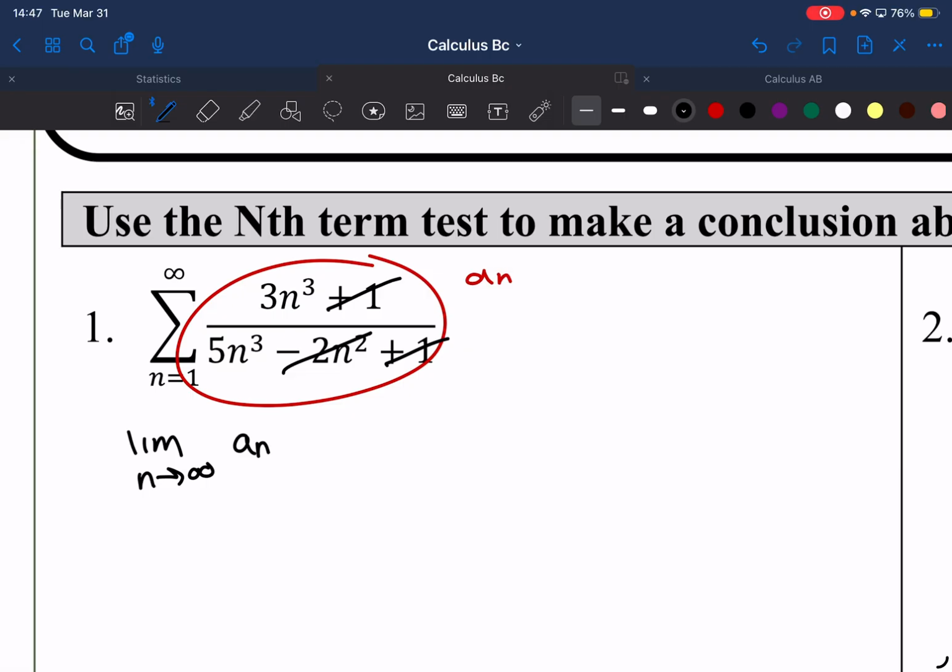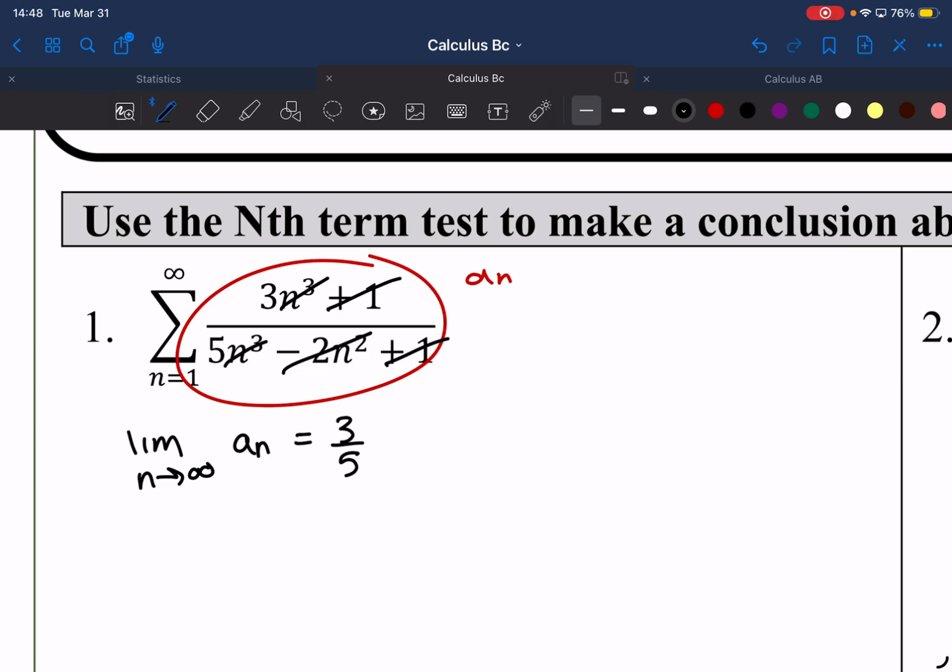Both of them are n cubed, so as they go to infinity, I can just cancel them out, which means the limit is equal to 3 over 5. This goes back to when we learned about the properties of limits. Because they had the same exponent, the answer to this limit is the coefficients in front.